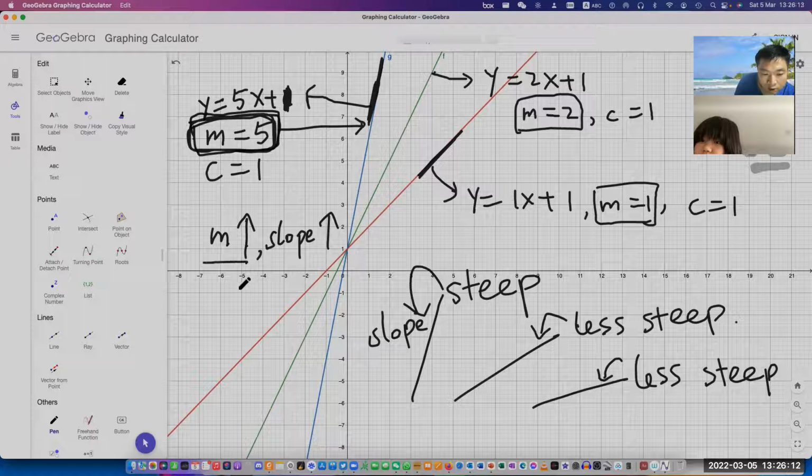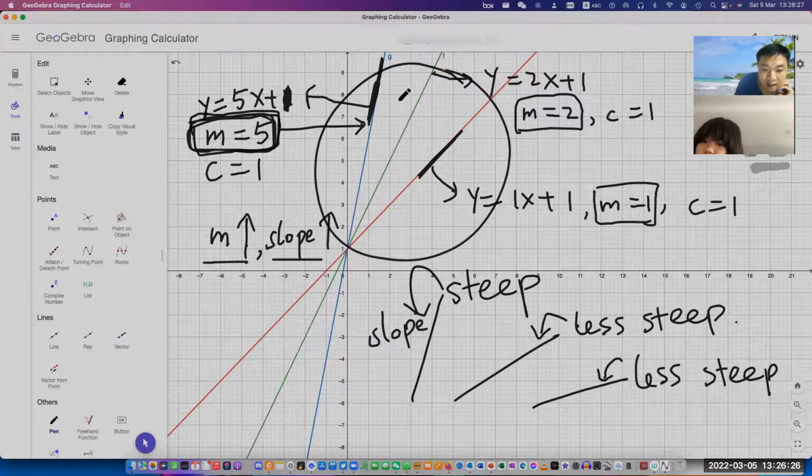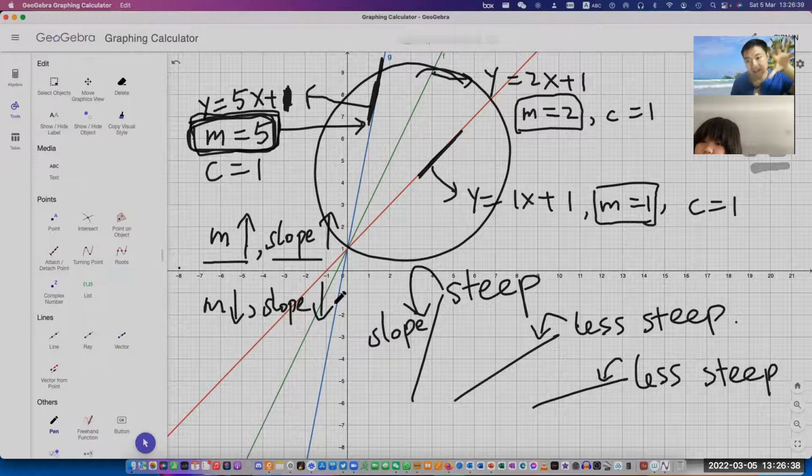So the rule is, if the gradient increases, the slope also increases in steepness. It makes sense, right? By looking at these 3 lines. So if your gradient decreases, the slope also becomes less steep. Okay, so that's the mathematics side and the physical side.